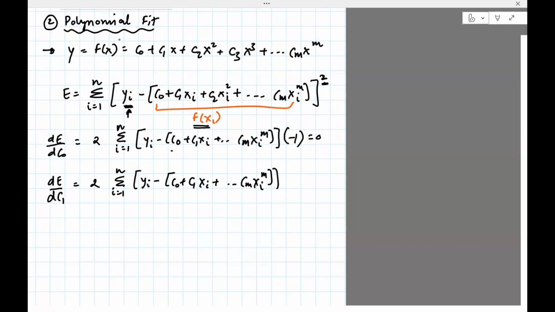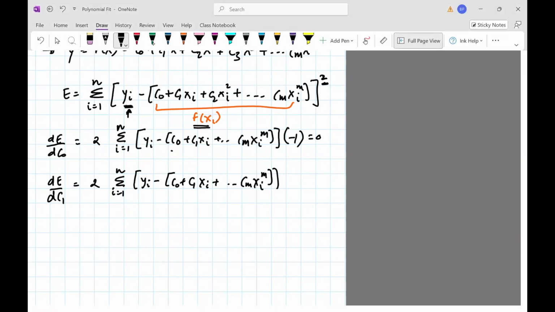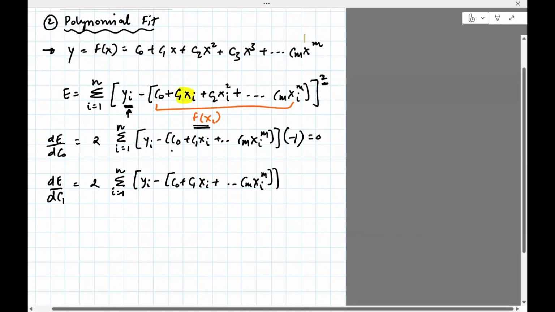But when you take the derivative, you'll see that everything except the term which has C1 xi will be zero. So the derivative of negative C1 xi with respect to C1 is negative xi. So that will pop off here. And you can see that there's a pattern emerging.